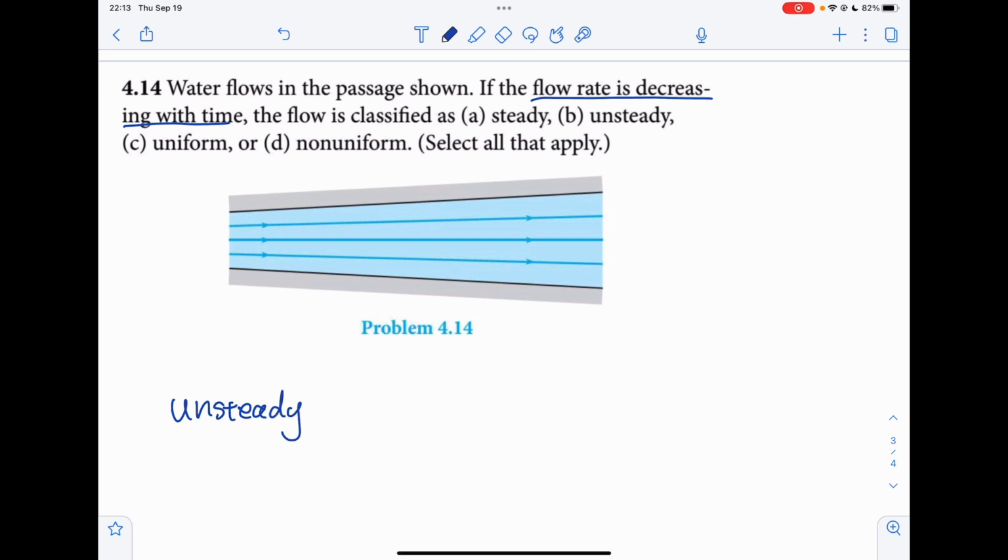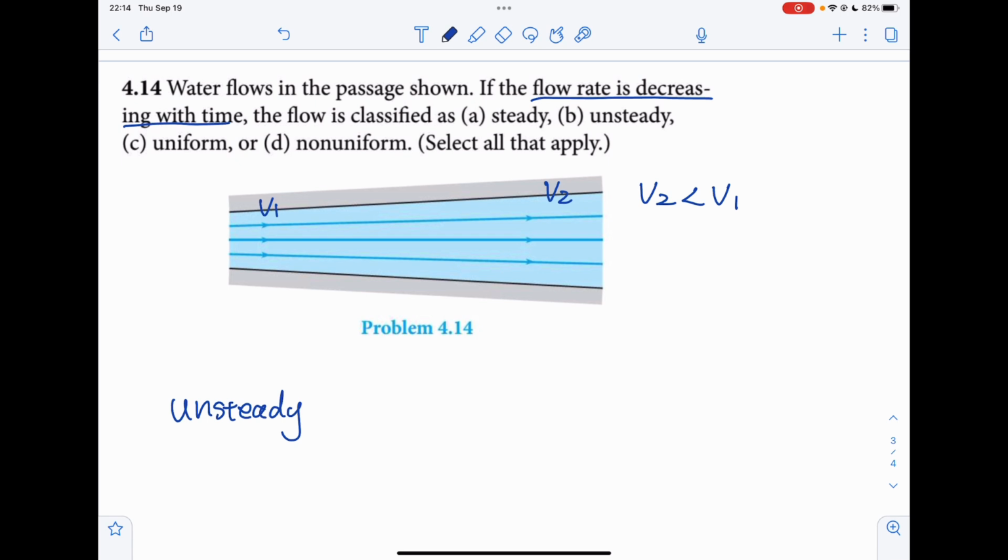And because we have a narrower channel on the left and a wider channel on the right, the velocity here, V2, should be smaller than V1.